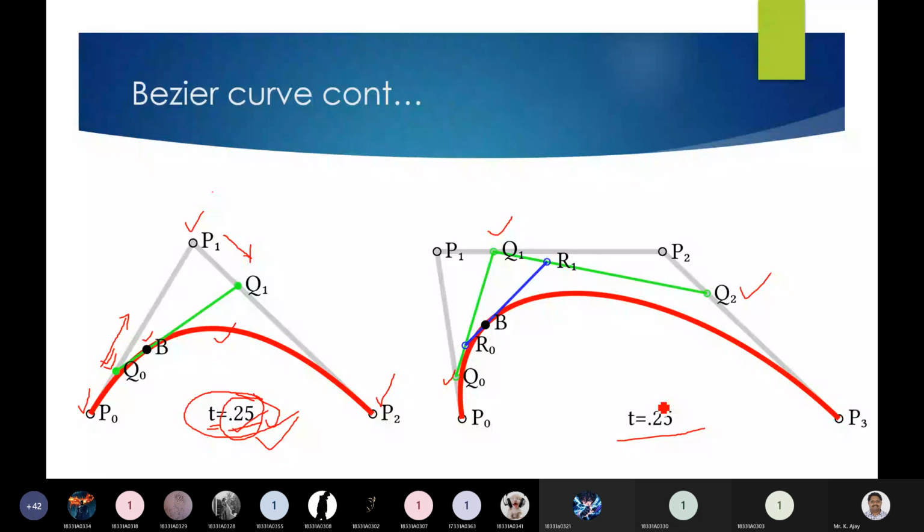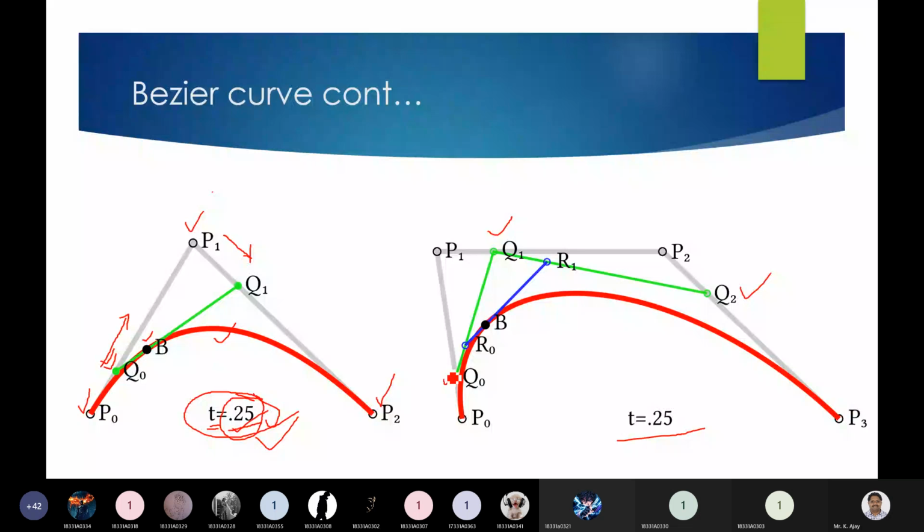In open Bezier curves, you can imagine all the lines like this, and q0, q1, q2. On the line segment q0 q1, you can again denote r0 and r1 at t equal to 0.25. Again I get one more straight line, a blue color straight line, in the case of four control points, and that line is again divided at 1/4 to get the point b.